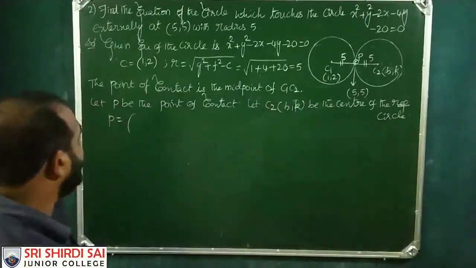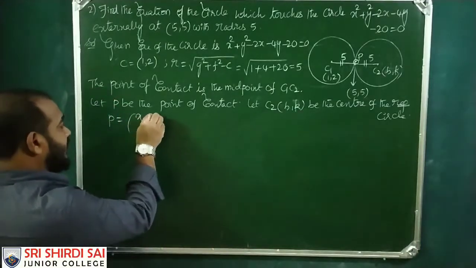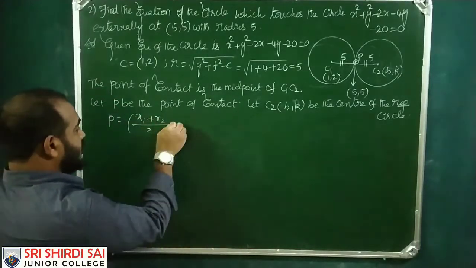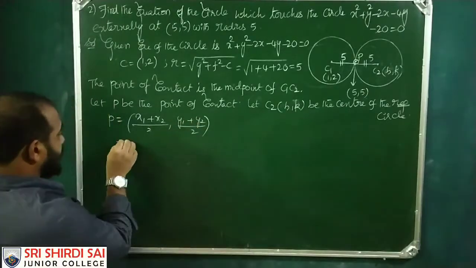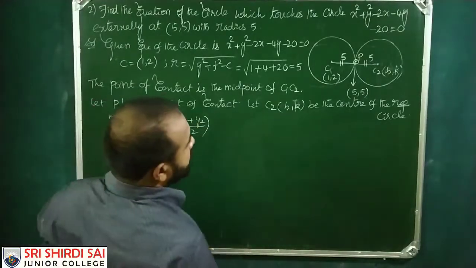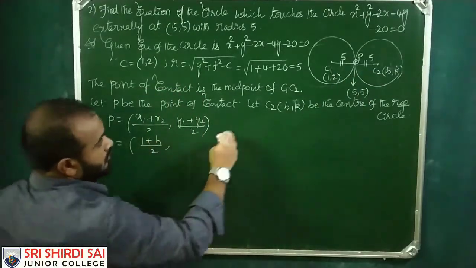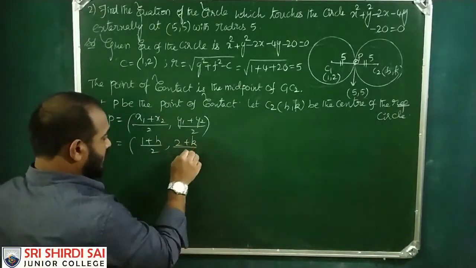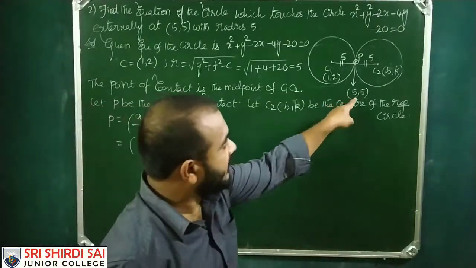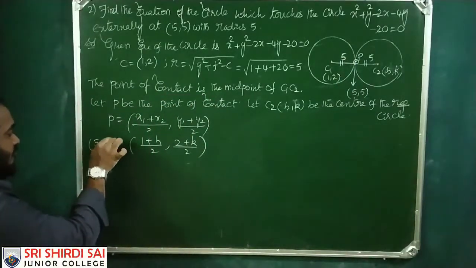Then P is ((x1 plus x2) by 2, (y1 plus y2) by 2), which is ((1 plus h) by 2, (2 plus k) by 2), equal to the point of contact 5 comma 5.